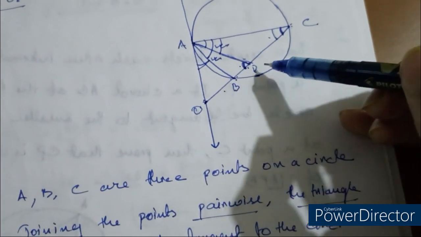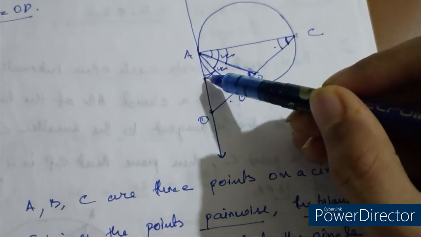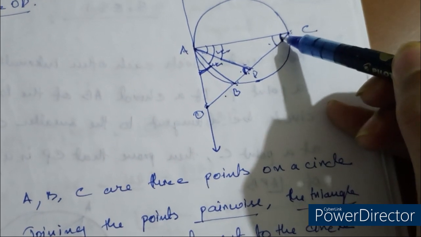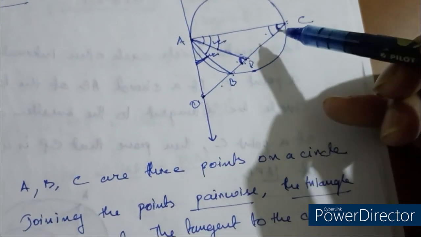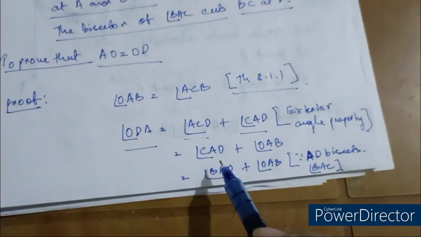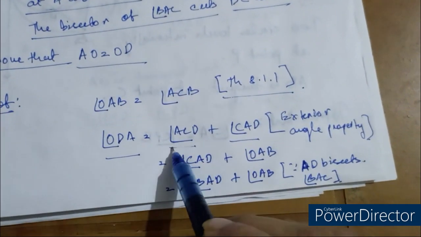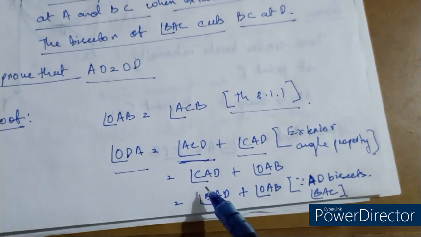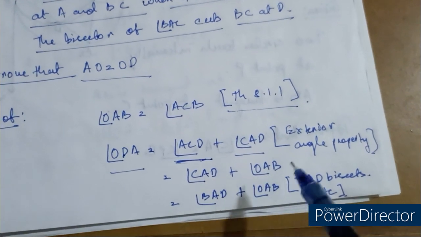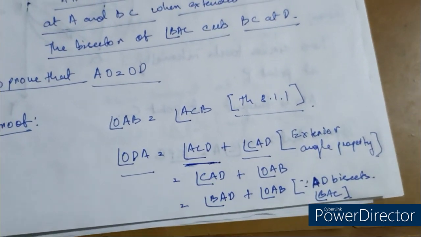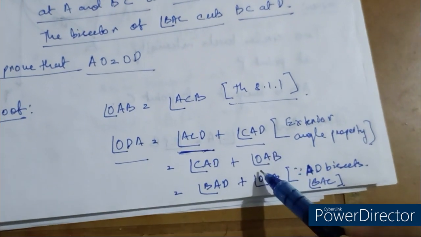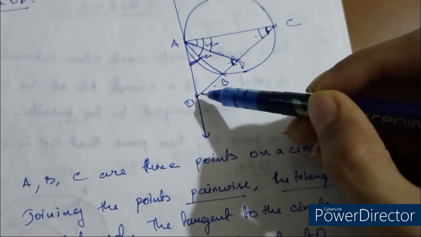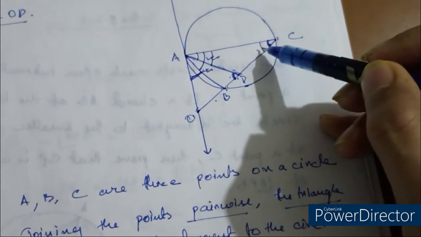Now you see here, I have already said that this angle OAB is equal to this one, ACB, angle in the alternate segment. So in here, instead of writing ACD, I can write OAB.